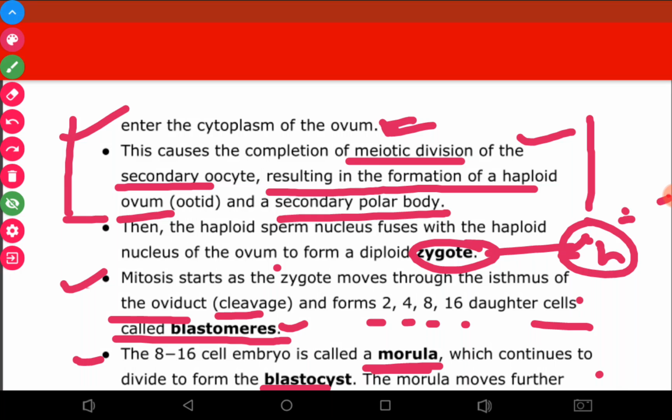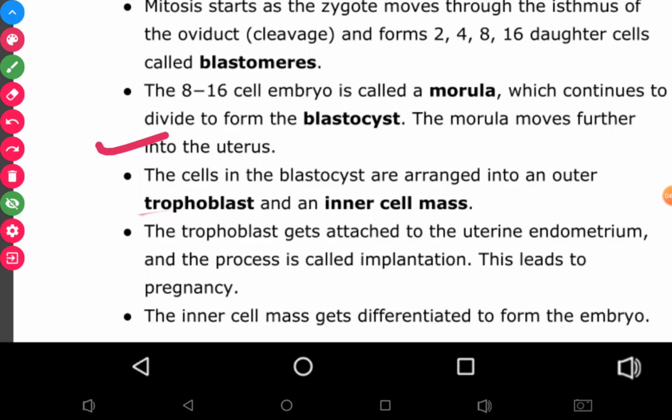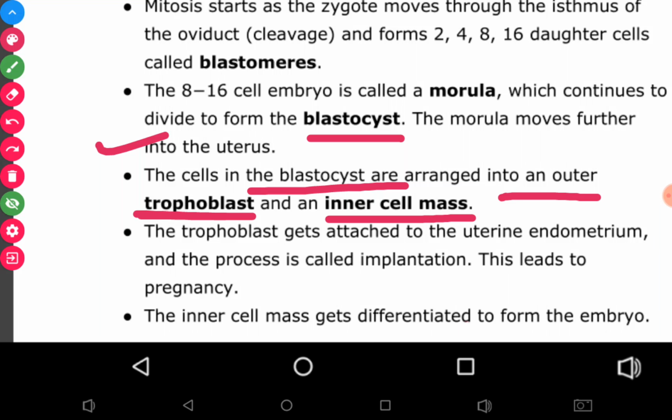Now the next structure, morula to blastocyst. The morula moves further into the uterus. The cells of this blastocyst are arranged into an outer trophoblast and an inner cell mass.